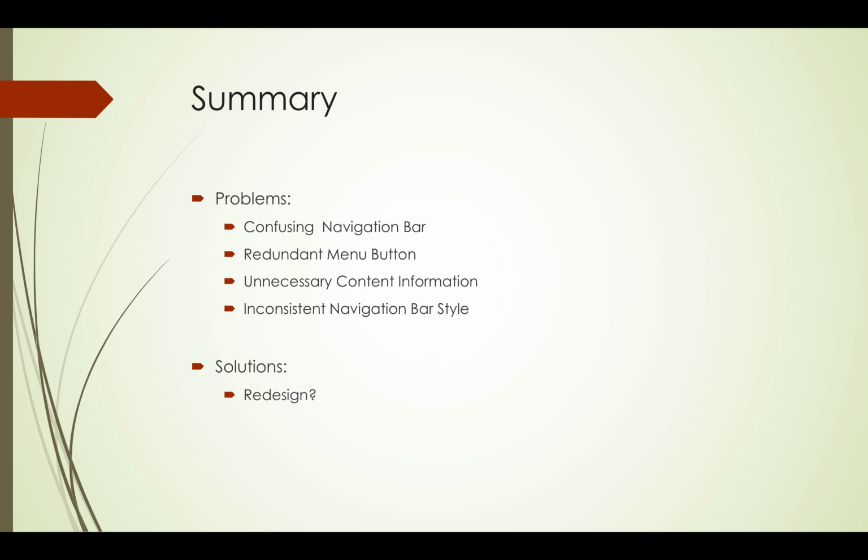The first is the confusing navigation bar, the second is the redundant menu button, and the third is unnecessary content information. The fourth is the inconsistent navigation bar style. So my solution is to redesign the wireframe for the main page.